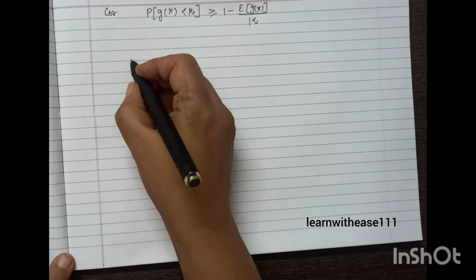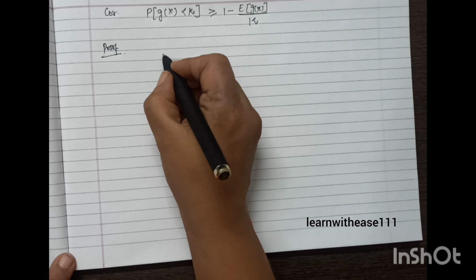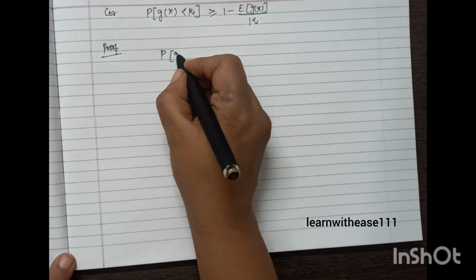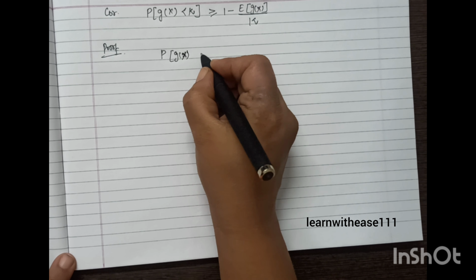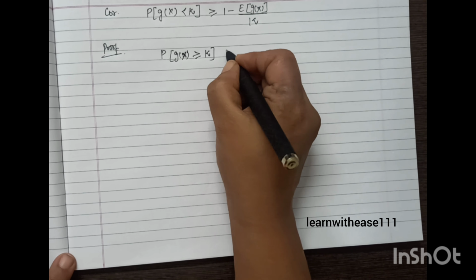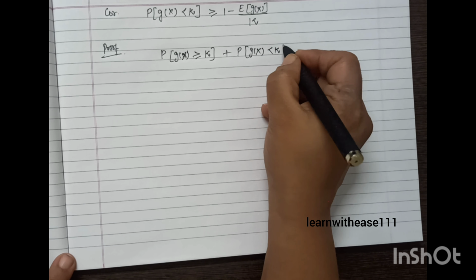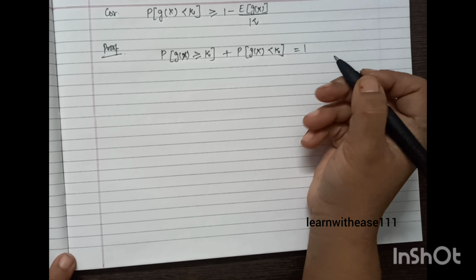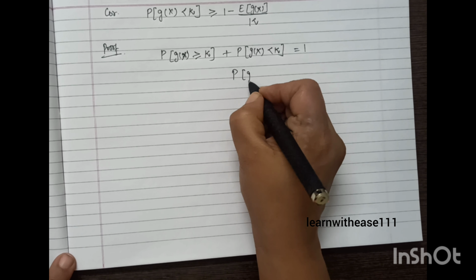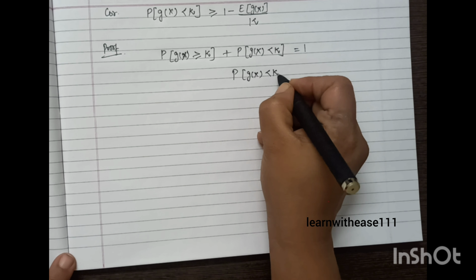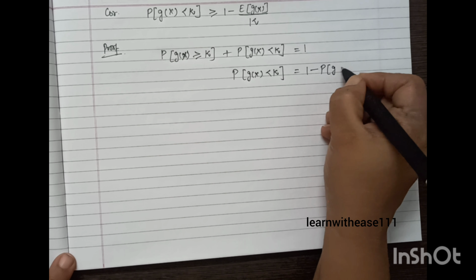So in general, the probability function takes value like this: probability of g of x greater than equals to k plus probability of g of x less than k. Together the sum is 1, and we have found this value. So this is 1 minus probability of this.